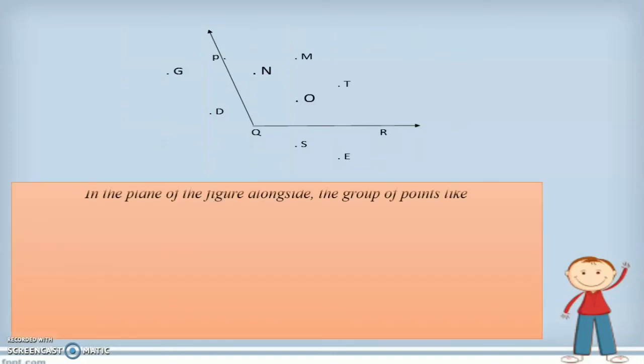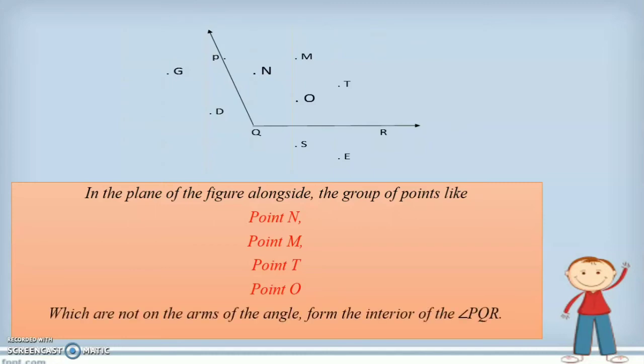So, point N, point M, point T and point O are not on the arms of the angle but are in the inside of an angle, which are in the interior of an angle.